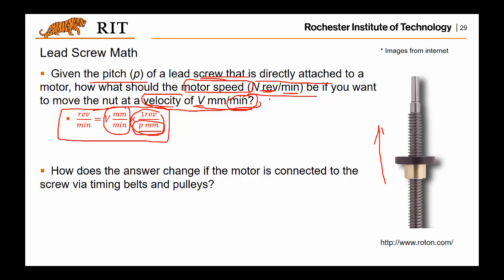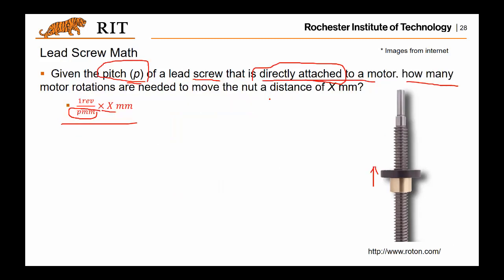So here you can see the similarity of the two processes. For this one, you know the distance you want to move, the linear distance, and the unknown is how many rotations are necessary. Then use the distance over the pitch, and you will have the rotation of the screw.